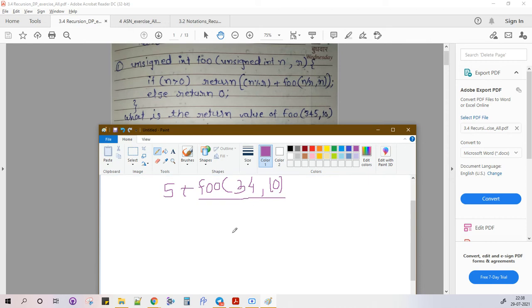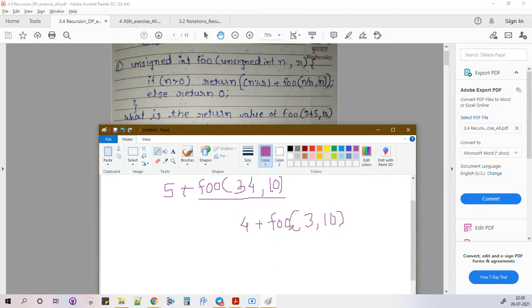Foo(34, 10). Again, n modulo r: 34 modulo 10 is nothing but 4, the remainder. Actually, I have some problem counting in English. Then n divided by r: 34 divided by 10 is nothing but 3, and r as it is.